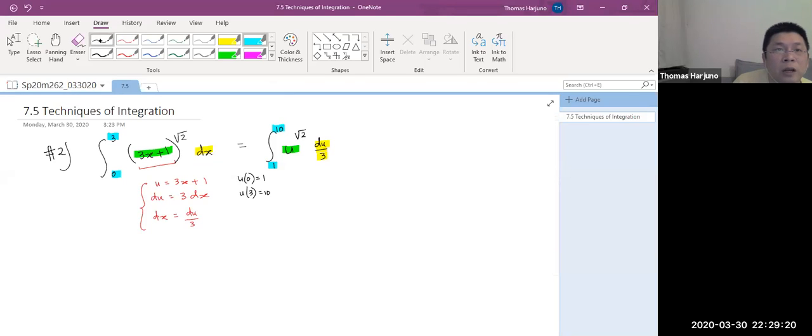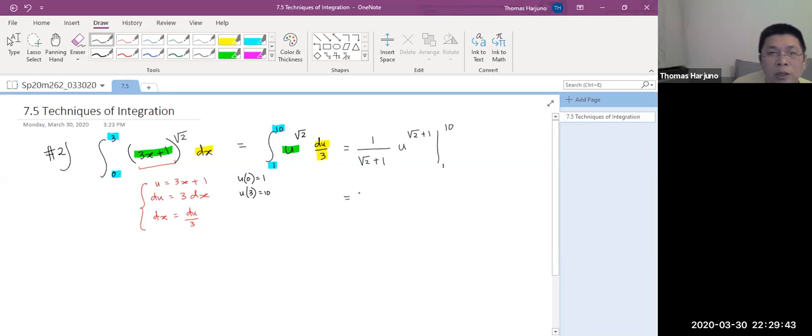Okay, I will go on. The integral of u to the power of radical 2 will be 1 over radical 2 plus 1, u to the power of radical 2 plus 1, from 1 to 10.